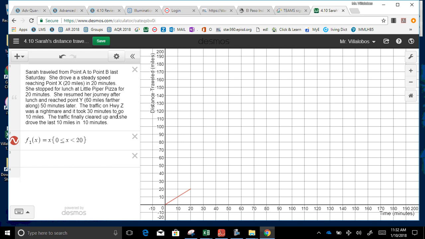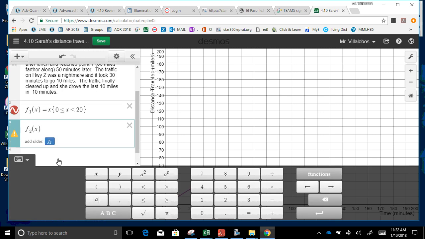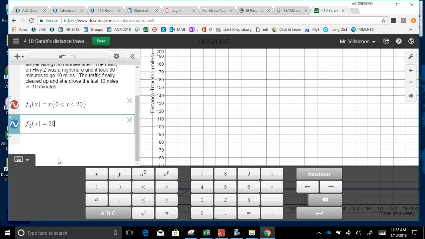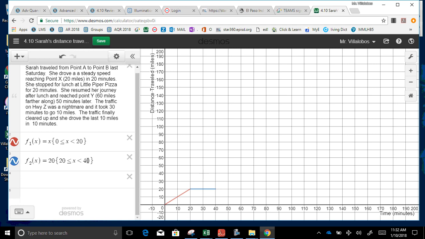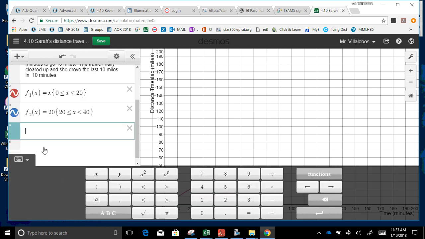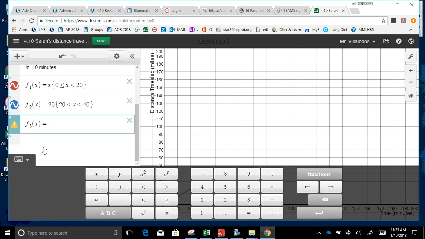Now, f2 of x was equal to 20 from 20 less than or equal to x less than or equal to 40. That's the next piece. f3 of x was equal to, let's see, they said she went 60 miles in 50 minutes.